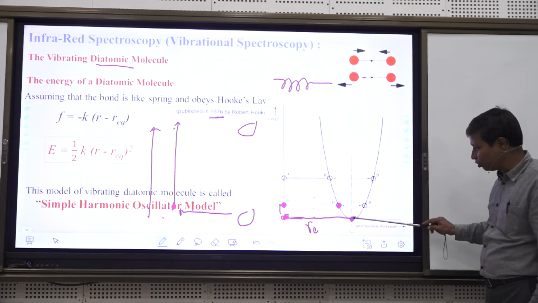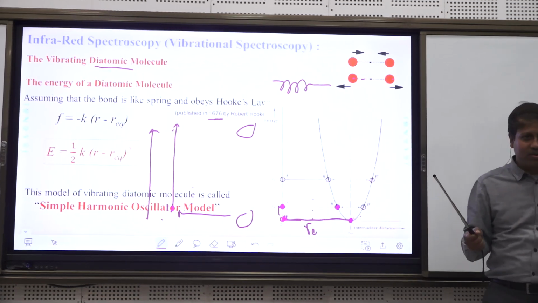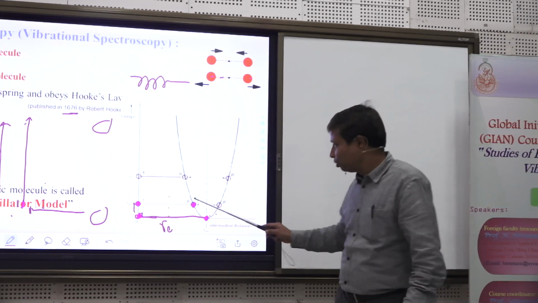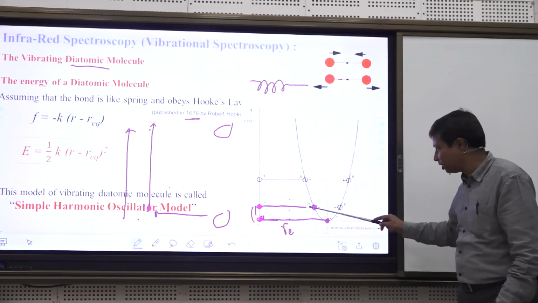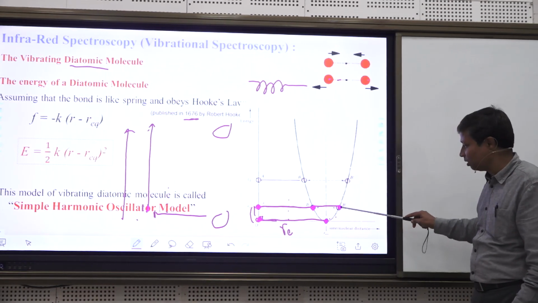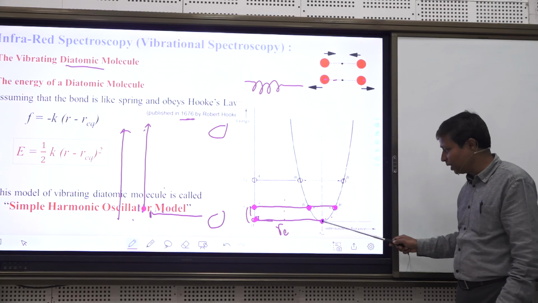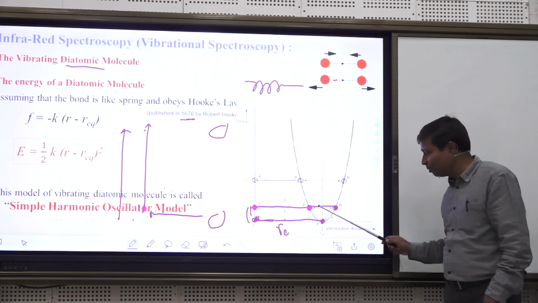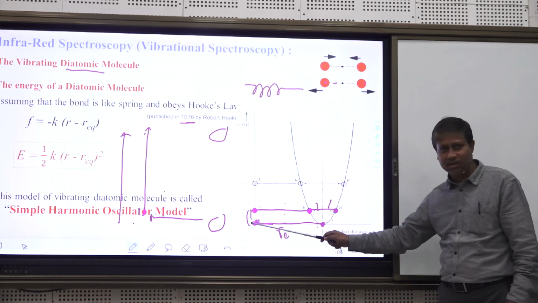Now, when you stretch it, that is not a stable position. That means the system has more energy. The system got more energy in the stretched one. When you compress it compared to the stable position, the same amount of compression will give you the same rise of system energy.